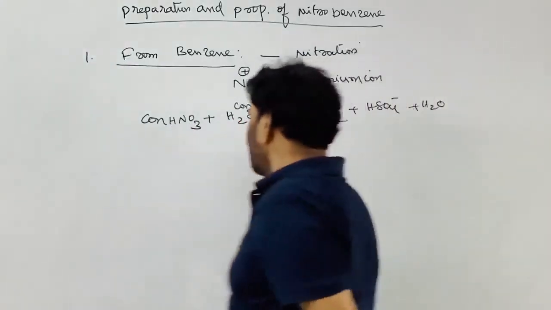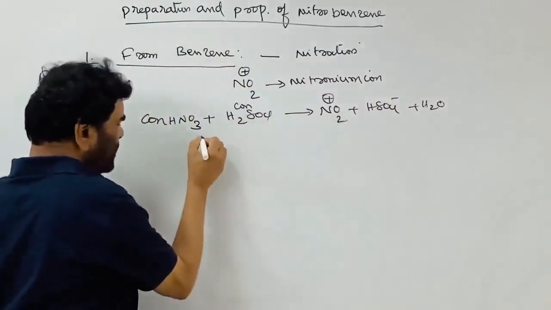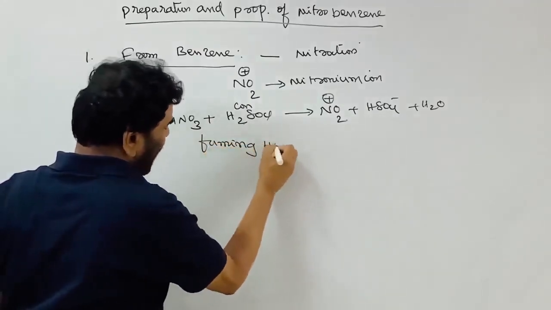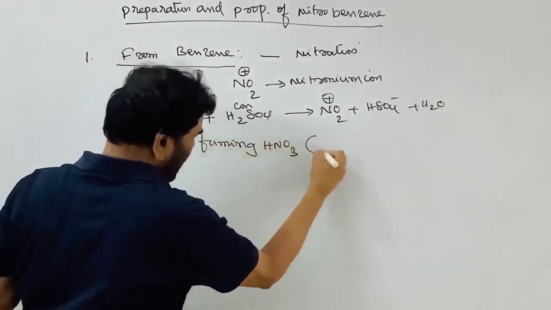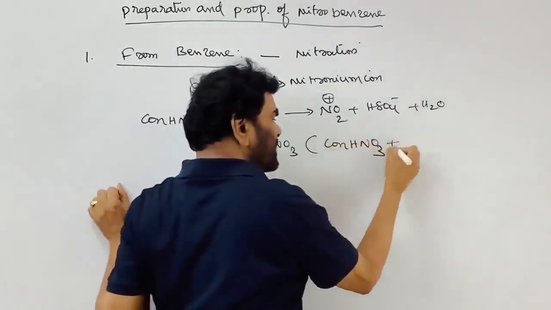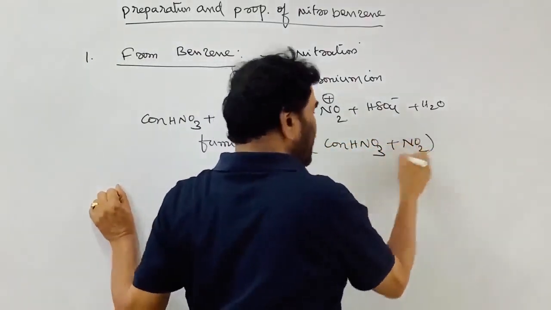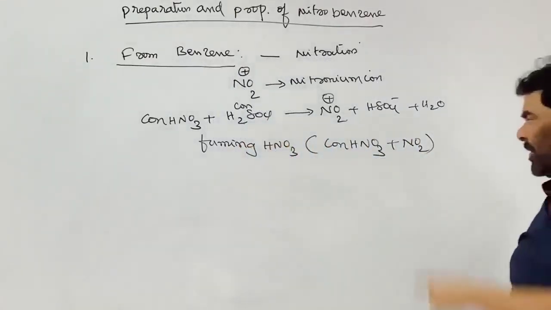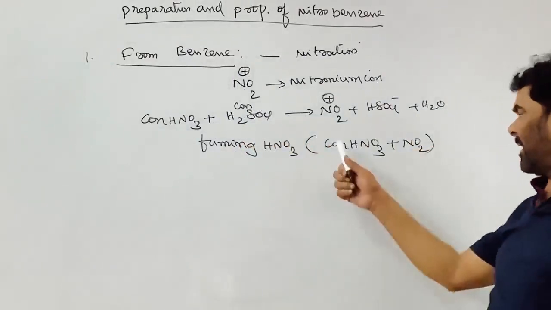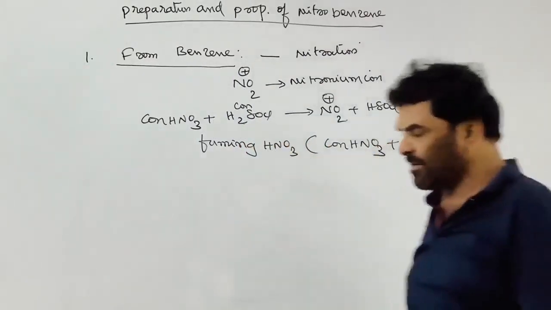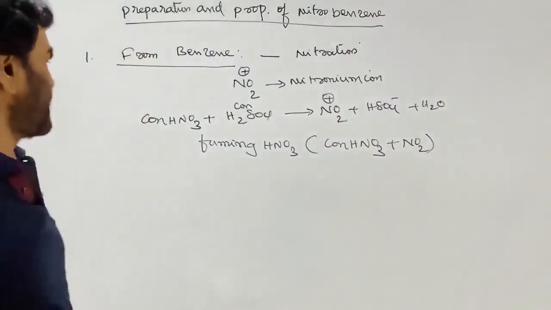Or you can use fuming nitric acid, which is nothing but concentrated HNO3 plus nitrogen dioxide. Fuming nitric acid is prepared by dissolving NO2 in water; the HNO3 containing excess nitrogen dioxide is called fuming nitric acid.